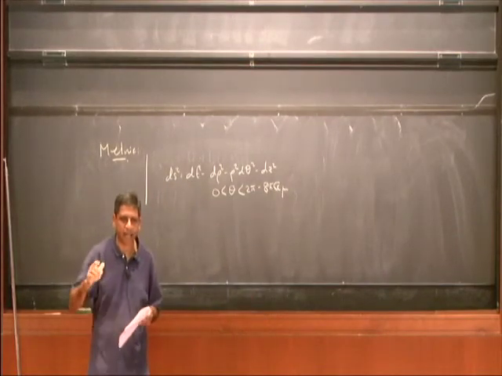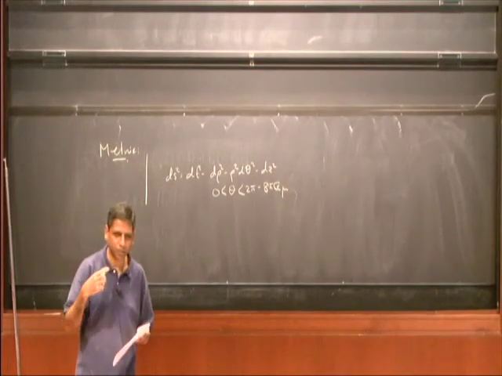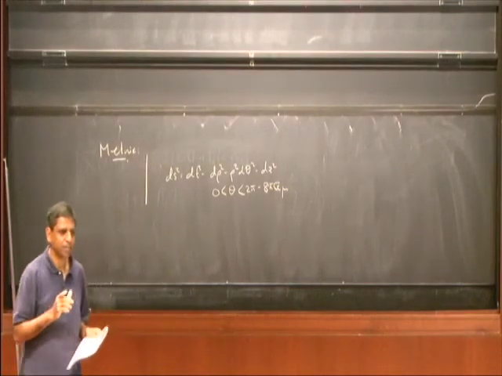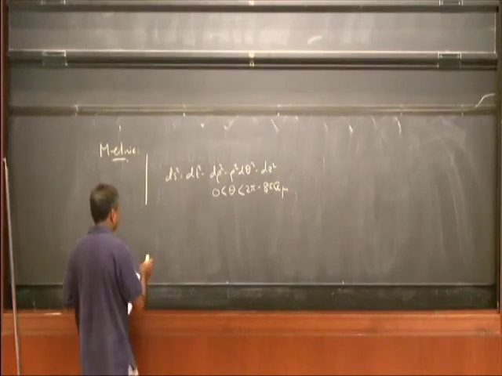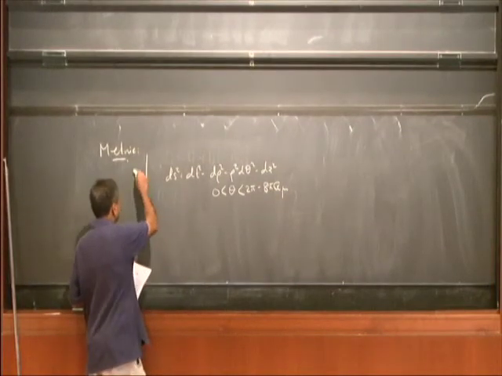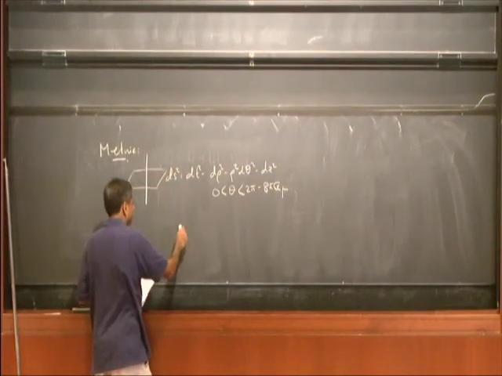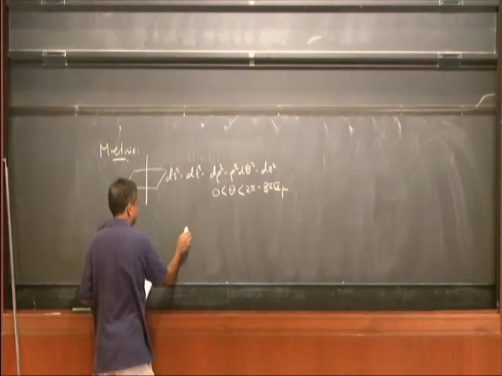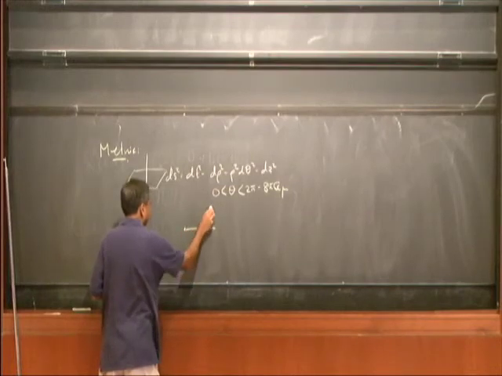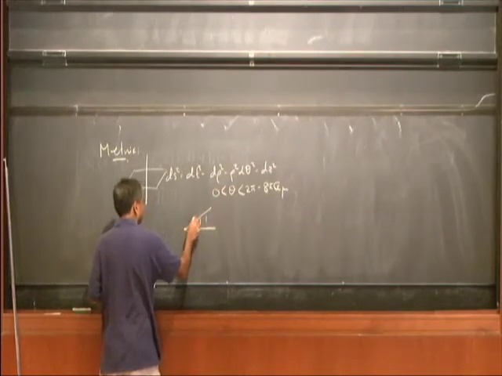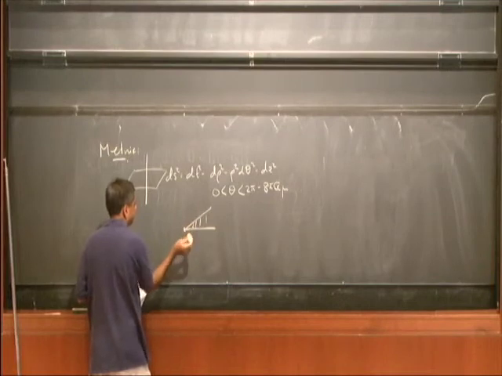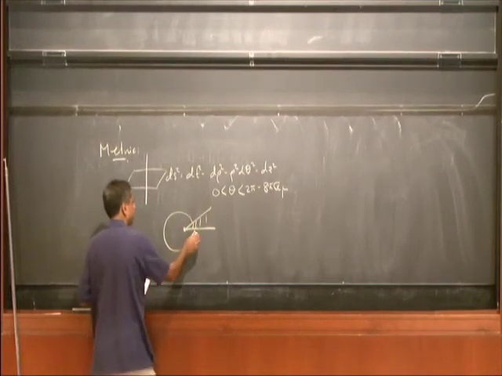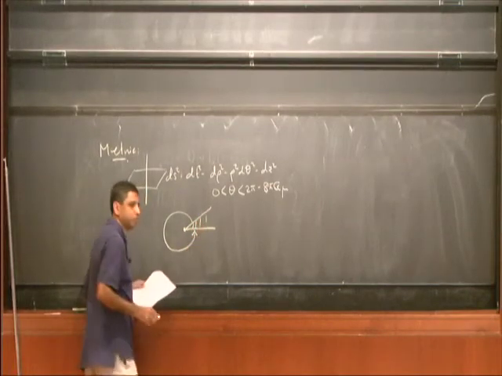Okay? This angle theta doesn't go around from 0 to 2 pi, but from 0 to 2 pi minus something. What it means is that if you look in the plane perpendicular to the string, with the string coming out, there's a little wedge that's been cut out. So basically here's the string coming out, theta goes from here to here, and then you have to identify these two edges.